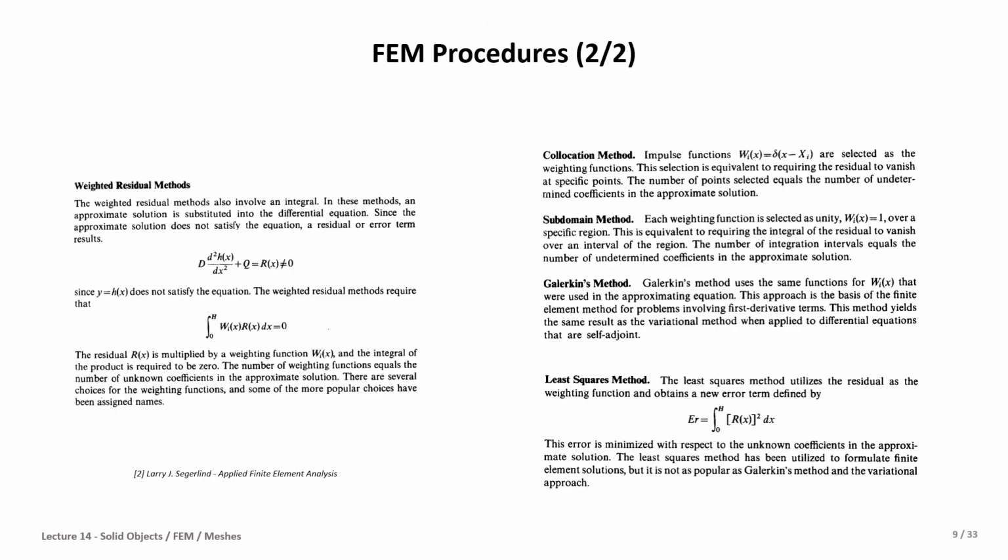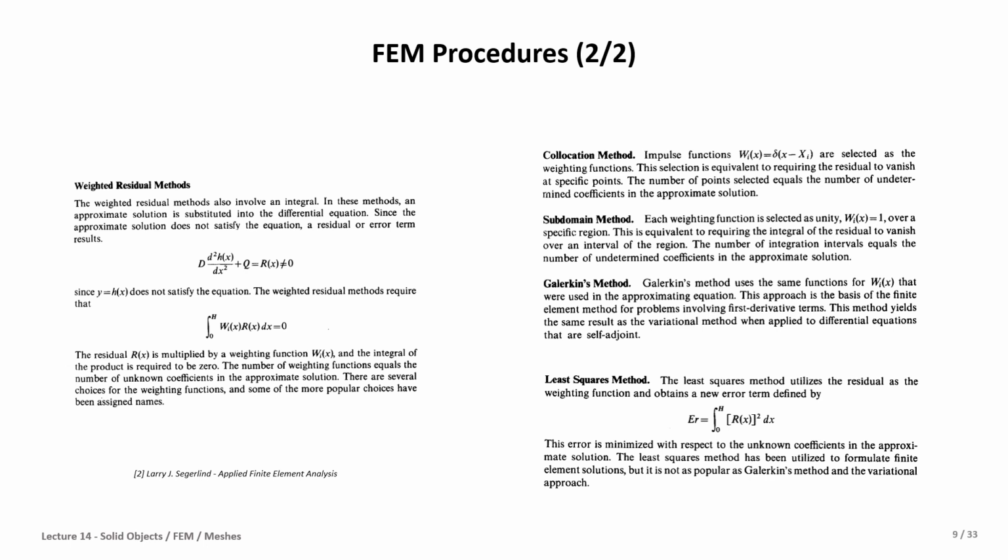The next well-known method in the finite element method is the weighted residual method, which, as you can see, has an equation. The weighted residual method involves an integral. In this method, an approximate solution is substituted into the differential equation of the problem.